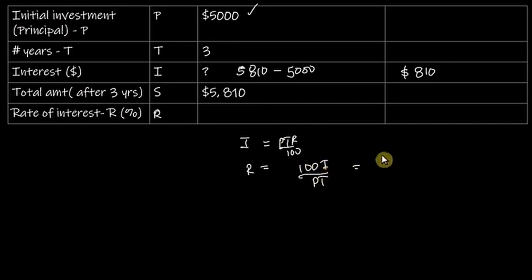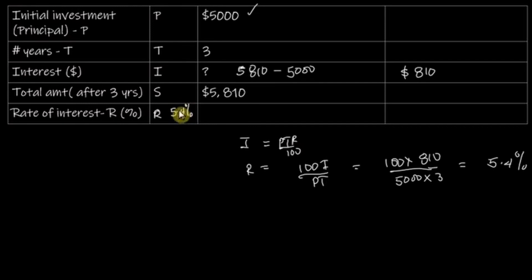And we substitute these values in, so we have 100 times our interest, which is 810, divided by the principal, which is 5,000, and the time in years, which is 3, and that is going to give us 5.4%. So our rate of interest is 5.4%.